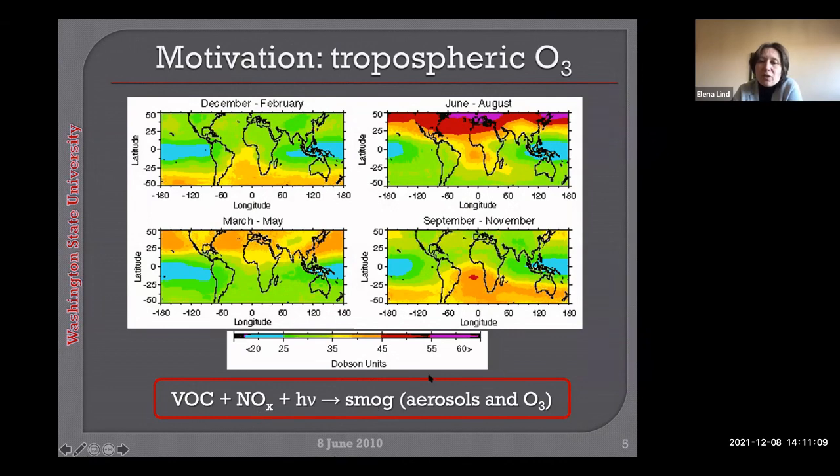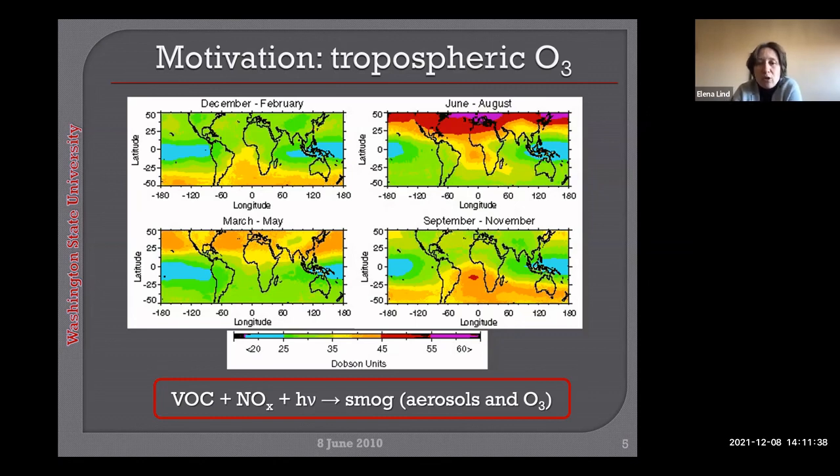So to have this production of ozone at the surface and aerosols, you need volatile organic compounds, NOx, UV radiation, and you're done. So this is smog. As you remember, LA is famous, or has been famous, for smog. And China, taking its role. Now it's India, Bangladesh, all kinds of countries that are catching up with these problems.